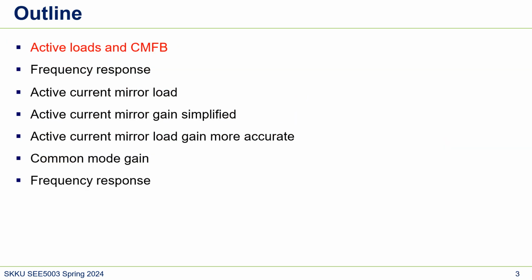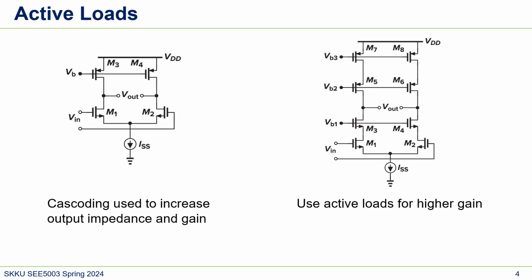Here's our outline. First, let's see the active loads and CMFB. In the previous lecture, what we learned was the resistive load differential amplifier. But when you think about the CS amplifier, we learned that the RD, the resistor as a load, is not good because the large signal resistance and the small signal resistance are the same.